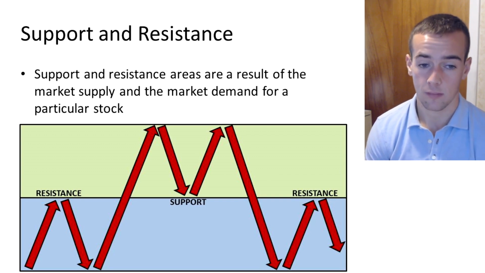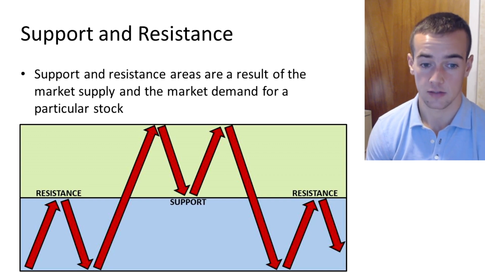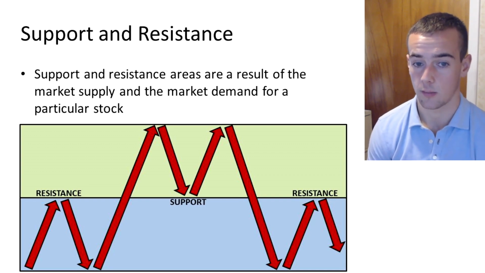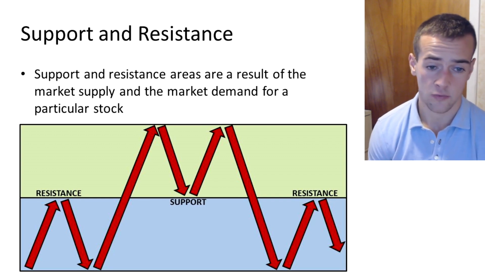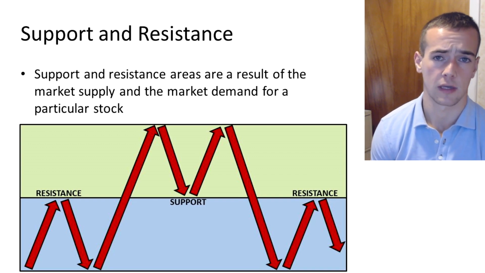Now what's important to remember is that in many cases, the original resistance is going to serve as a support area for that stock. So the resistance is going to become the next support. And again, if a support is broken, that's going to become a resistance. This is a perfect example right here. One example that people like to use is a bouncing ball.